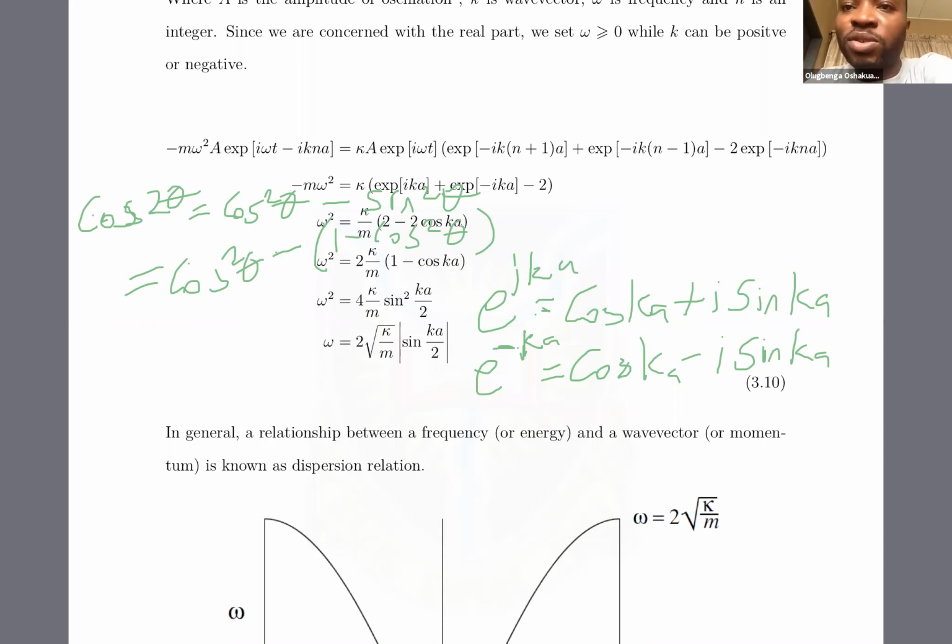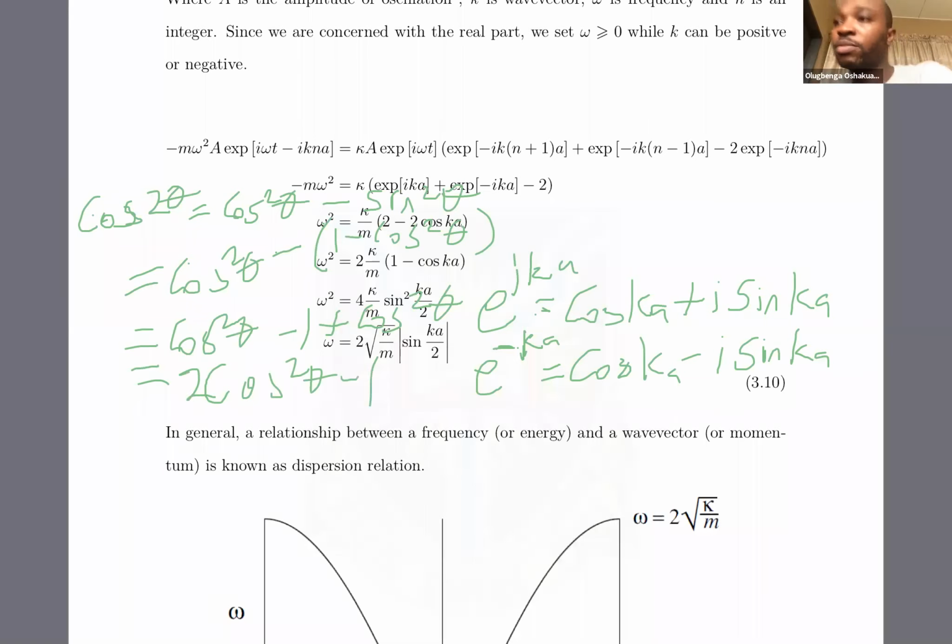And that is as good as we having cos square theta minus 1 plus cos square theta. And that is equal to 2 cos square theta minus 1. Well, we have 2 cos square theta minus 1. We can also work around this cos square theta and call it 1 minus sine square theta, minus 1.